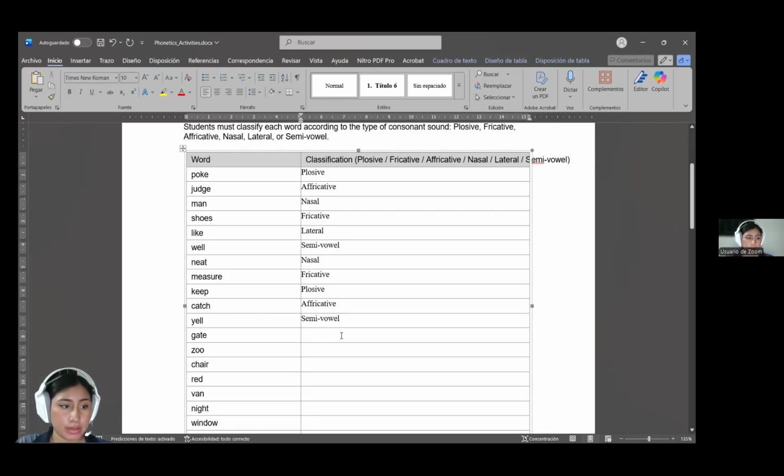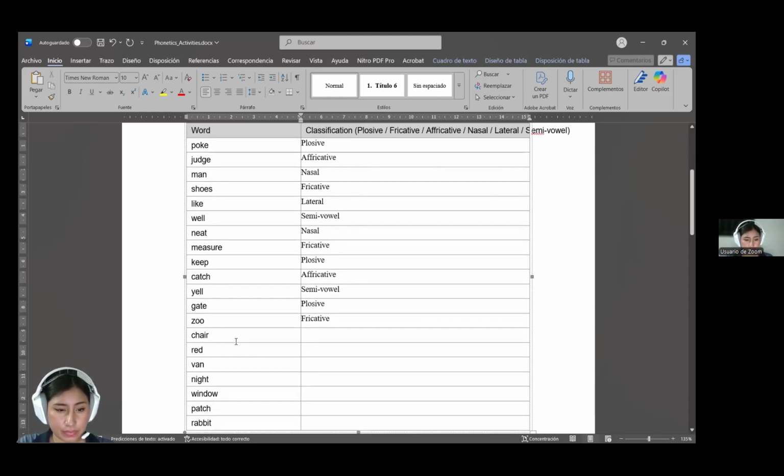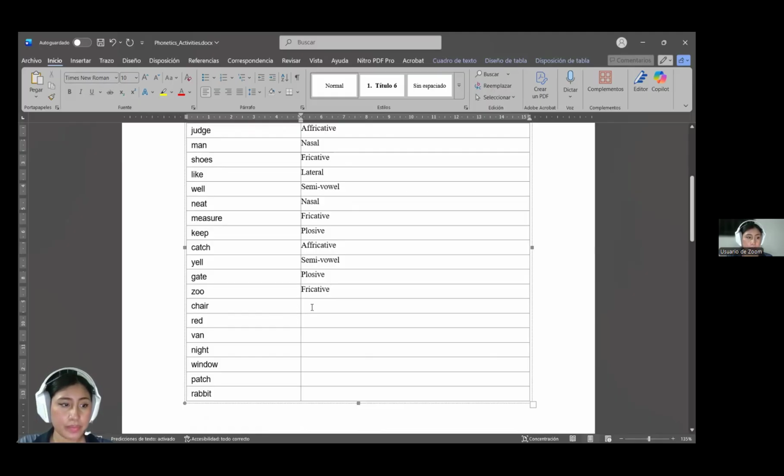What about gate? Gate. Yes, it is plosive. Zoo. Zoo. Fricative. Chair. Chair.